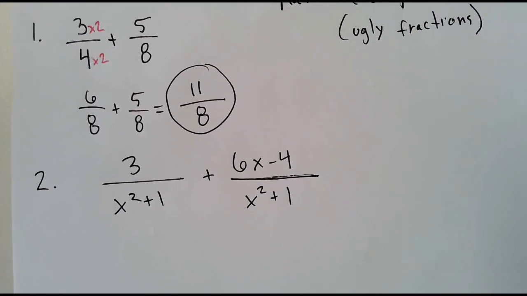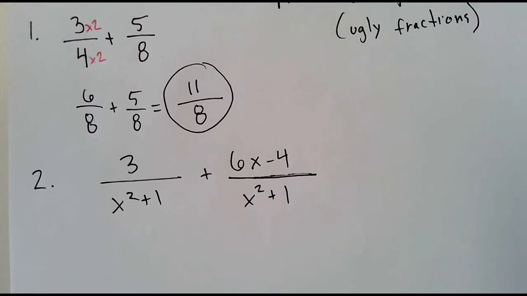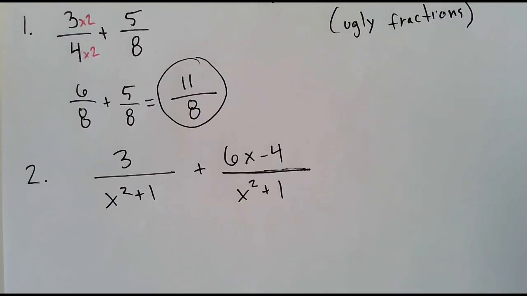And I do want to keep this pretty simple to start, just because we're adding variables and everything. Is the denominator the same? Yes, it is. So because it's the same, you are able to add the numerators.